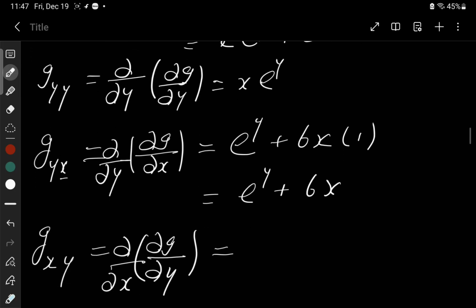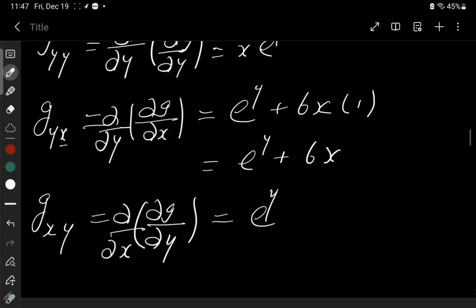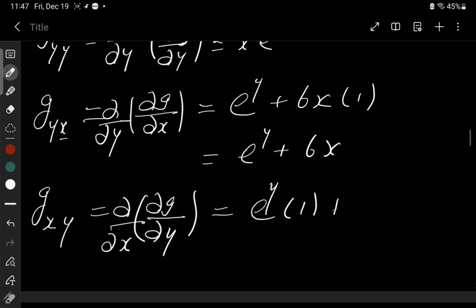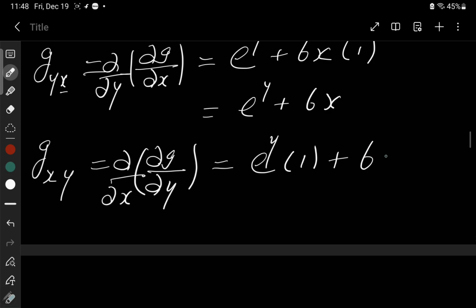So here e power y is constant. If I differentiate x, I will get 1, plus second term 3x squared, so that you will get as 6x. So e power y plus 6x plus 6x. See here, this gyx and gxy are both the same, but you have to find them separately, that's all.